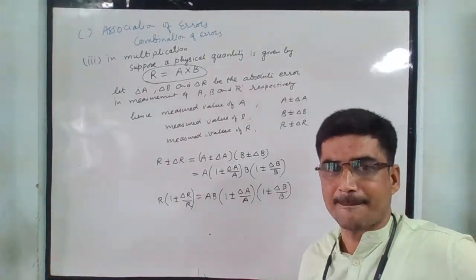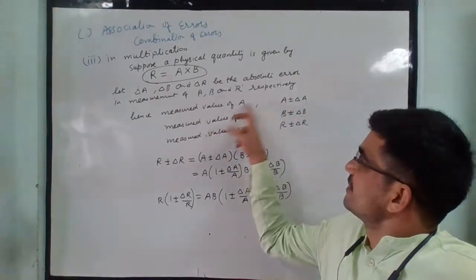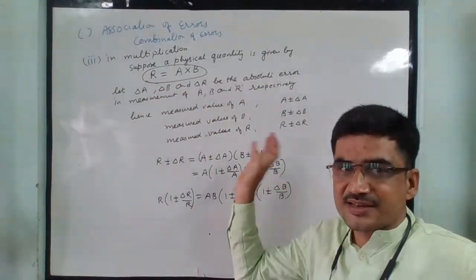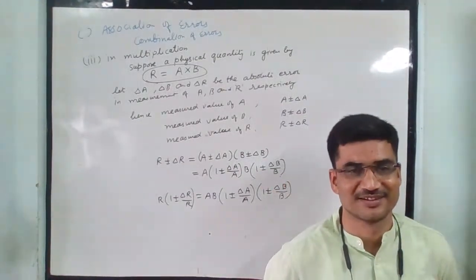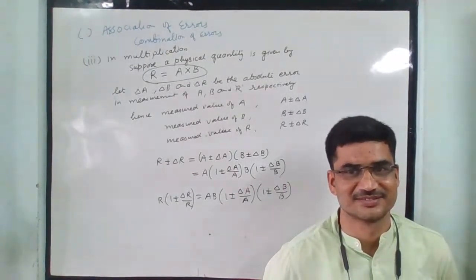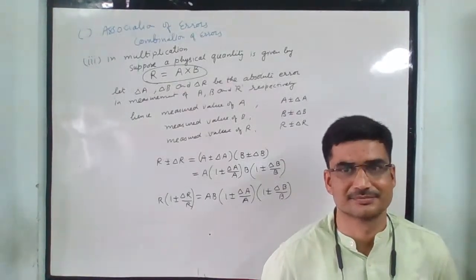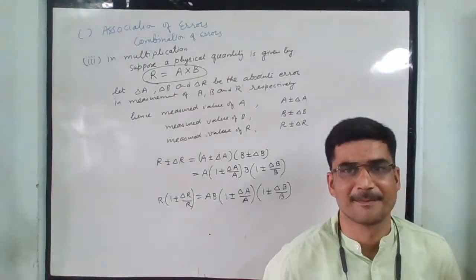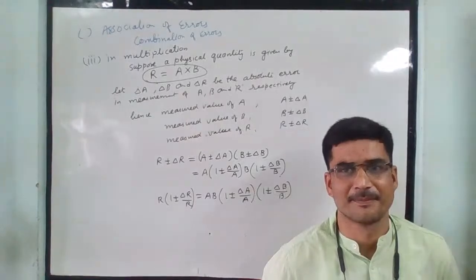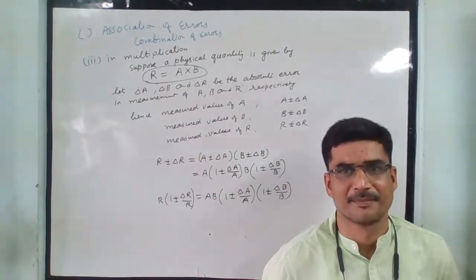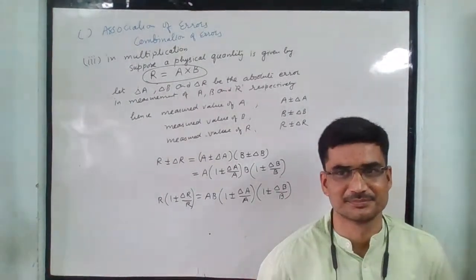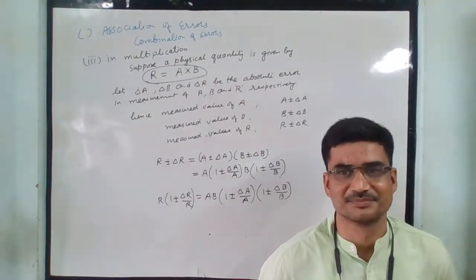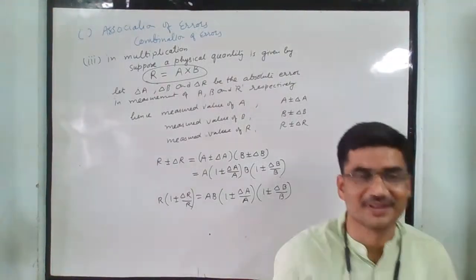The delta A is absolute error. Okay. What is delta A by A? Write in the chat box.